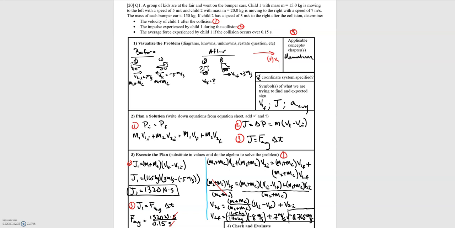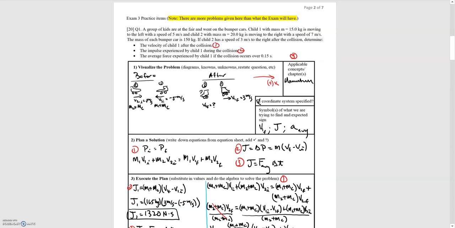And so this is a standard collision problem where you'll use conservation of momentum. We've done this a ton of times, so this is something you should be familiar with and should be able to handle.